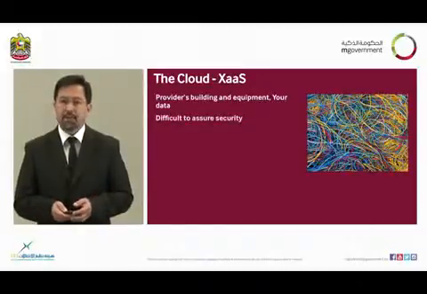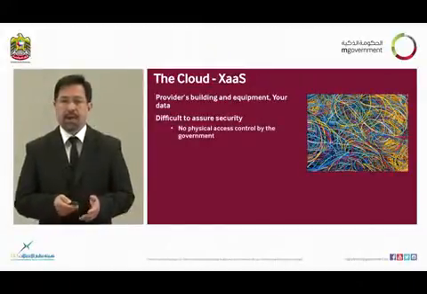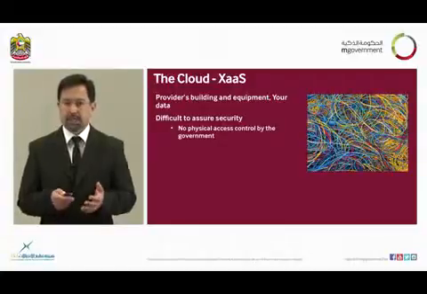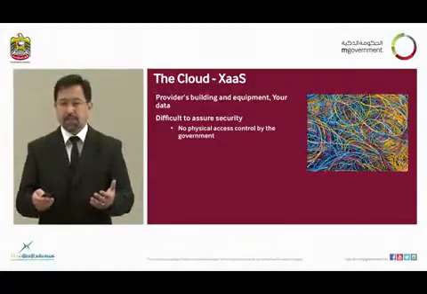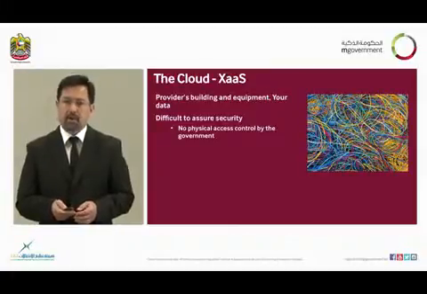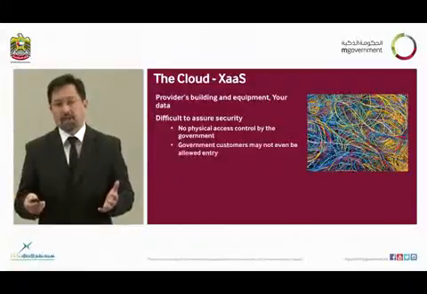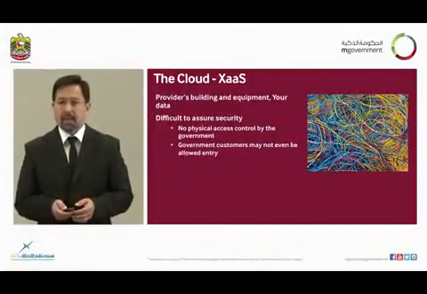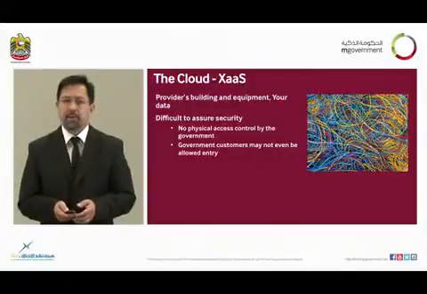Obviously, from a security perspective, you are not given physical access to the building. You can go to the front office, but typically access into the back side of the building where the servers are hosted is not permitted for anyone. And so for a government customer, this becomes possibly a constraint that may not even be possible.